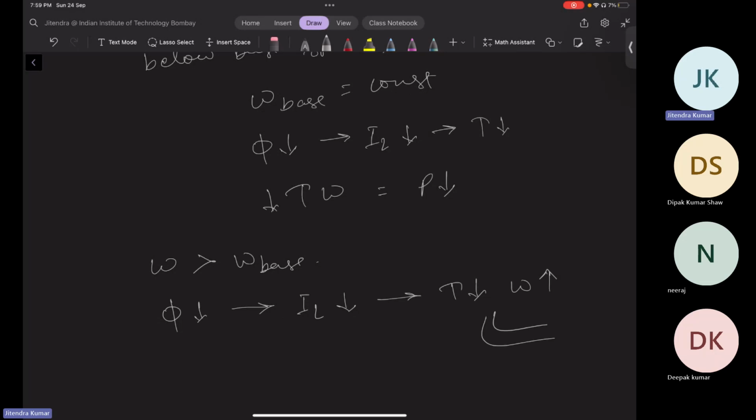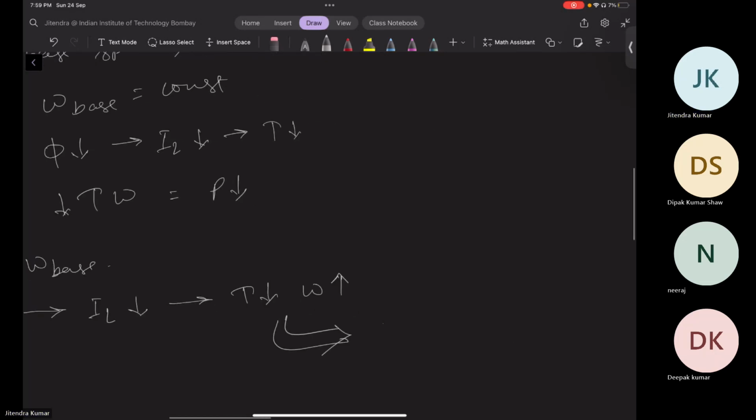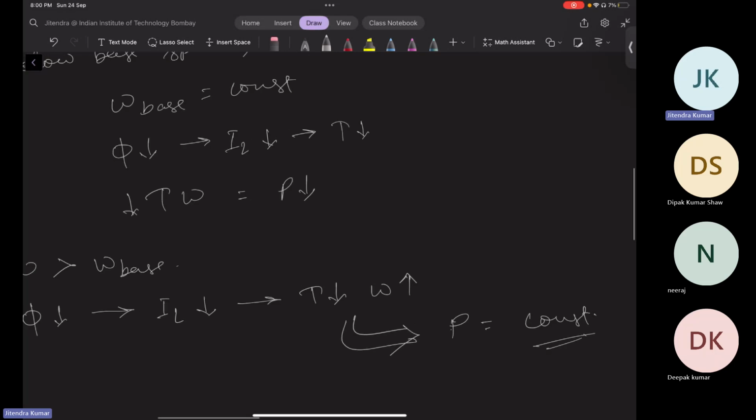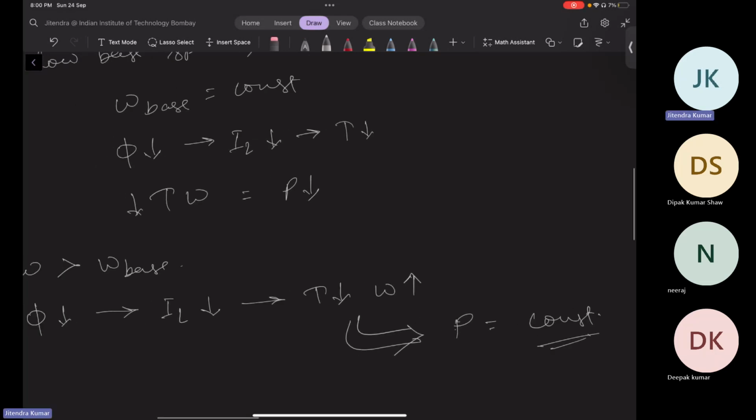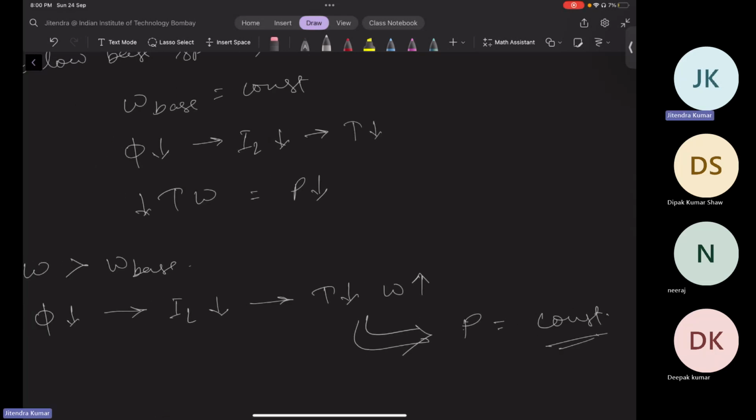So what will it lead to? Close to constant power, right, or not? If your ratio of decreasing is not equal, then what will happen? The rate of decrement in torque will be twice of the speed. Why I am saying this statement?